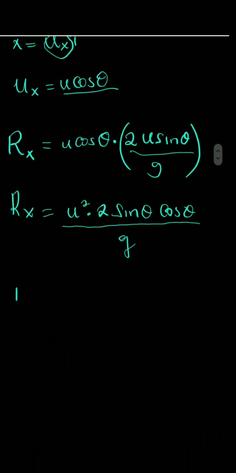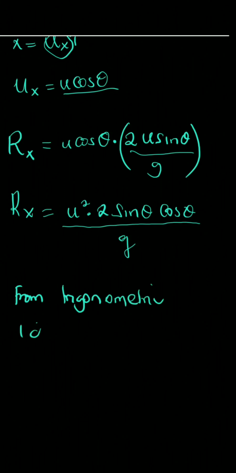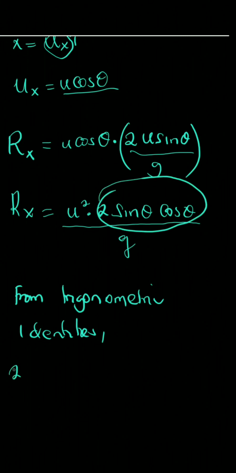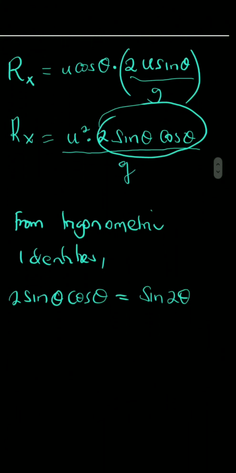Now, if you did trigonometric identities, you can agree with me that 2 sine theta cos theta is an identity we know, which is simply sine 2 times the angle theta. So this is a double angle identity for the sine function. So that's what we're going to substitute there.